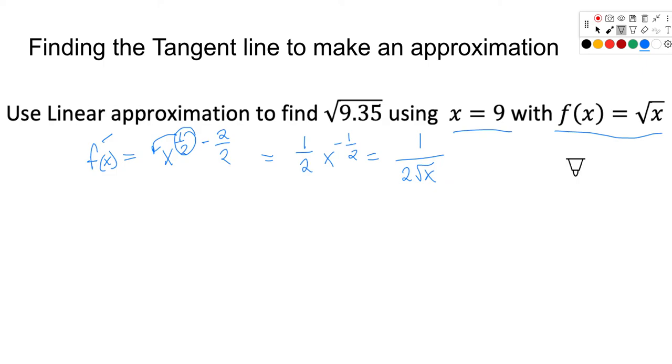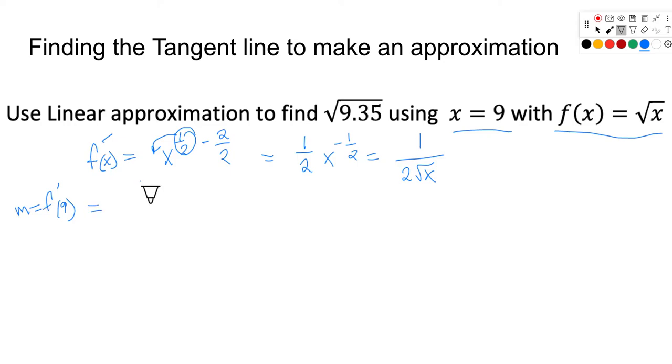If we plug in x equals 9 to this derivative, what does that give us? The slope of the tangent line at 9. So when we take the derivative at 9, that's going to give us the slope of the tangent line at 9.